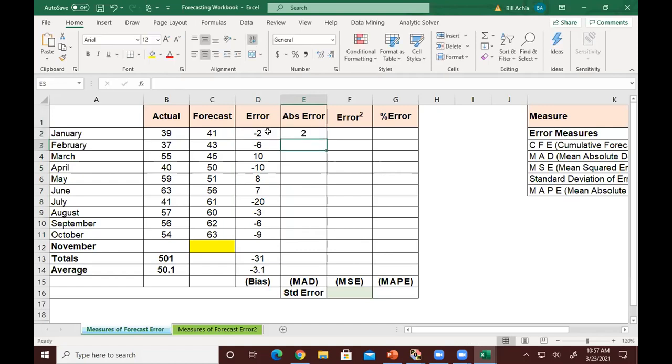Or if you want, you can just type them in by hand, that's fine as well. Okay, so all I did is get rid of all the negative signs here and just get the positive values there. And it gives me the size of the different errors, regardless of whether we forecasted too much or too little. And here too, I can get the total.